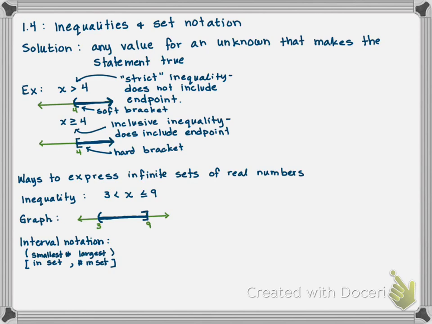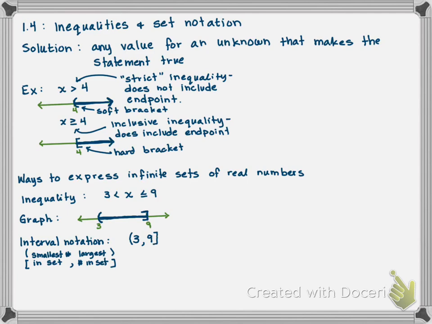In this case, the smallest number in the set is what? 3. To the left of 3, I'm going to use a soft bracket because I'm not including 3. And then the largest number in the set is 9, and I do want to include 9, so I'll use a hard bracket there.